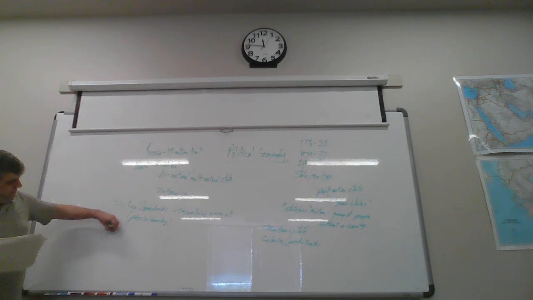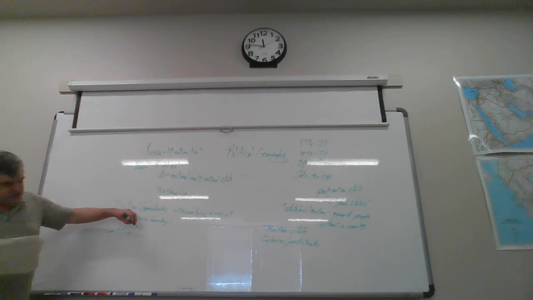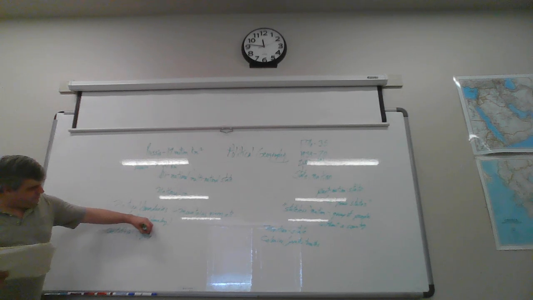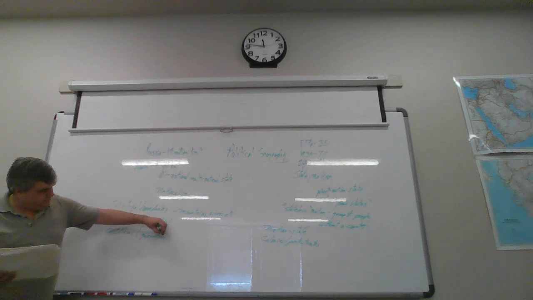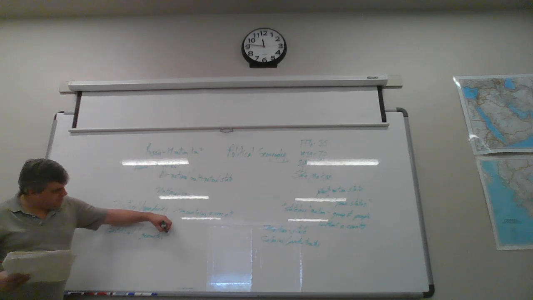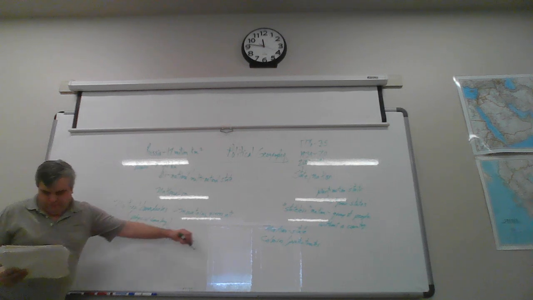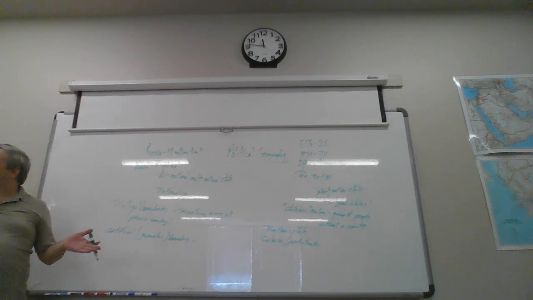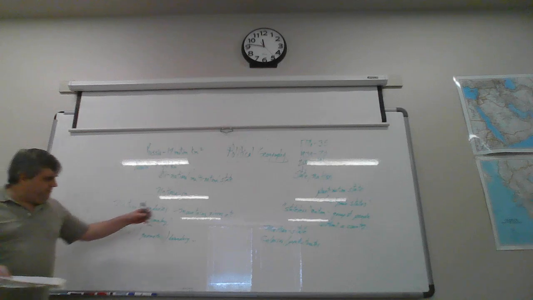Artificial boundaries, called geometric boundaries, each determined by lines of latitude and longitude.